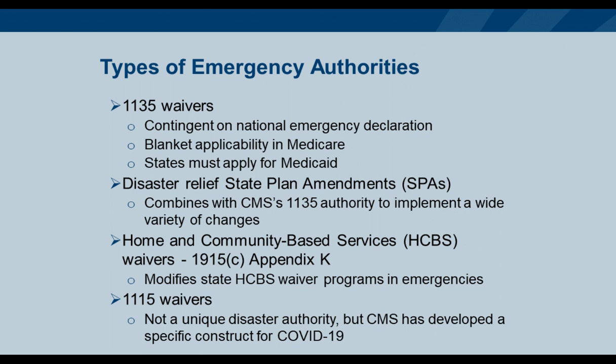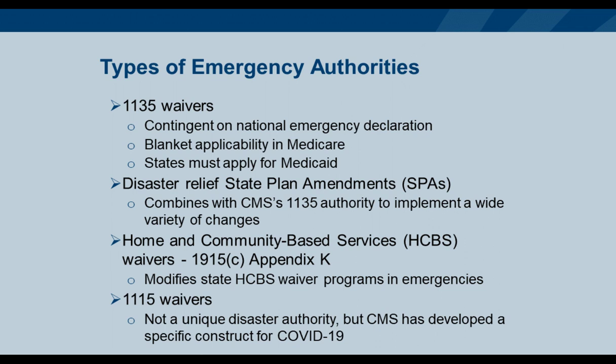So the idea is to allow individuals to stay in a setting of their choice where they may be more comfortable and not necessarily have to receive institutional services, although they may meet institutional level of care needs. So that's, in brief, what a 1915(c) waiver does. The Appendix K is an emergency authority that modifies that overarching waiver and allows states to make specific changes.